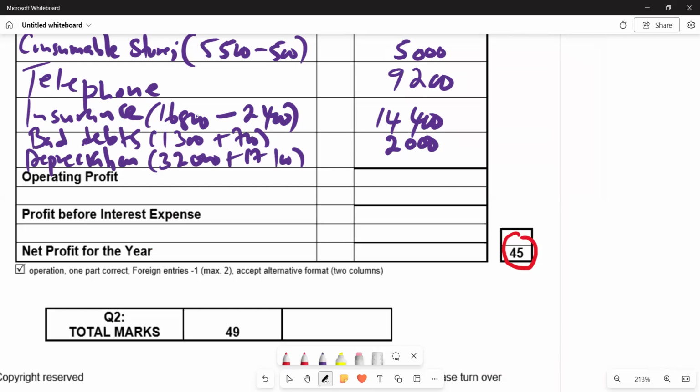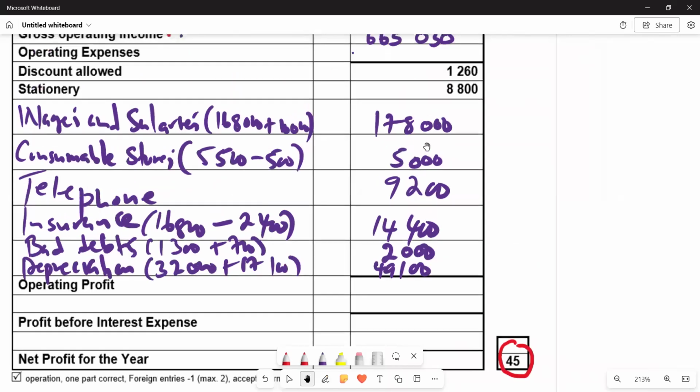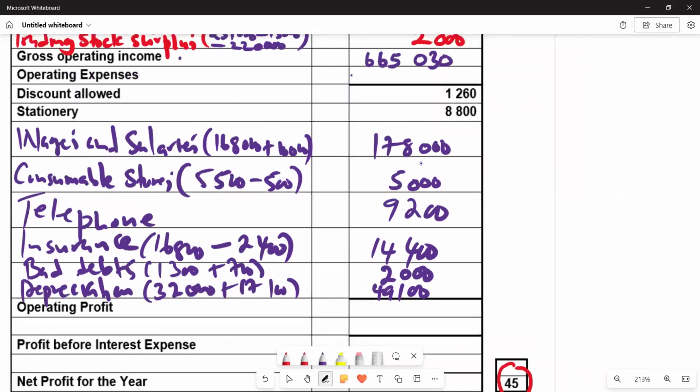And then we get a total of 49,100. So after this, we are supposed to add all that we have for operating expenses. We have finished the operating expenses. So from 49,100 going up, we add them until we reach our 1,260 for discount allowed, to get the total for operating expenses.